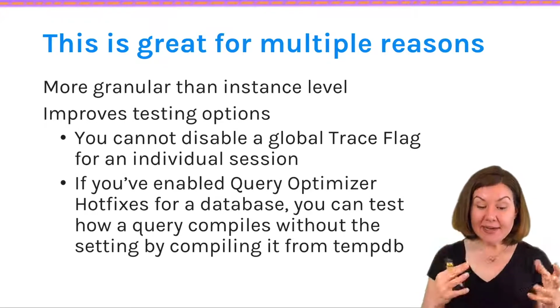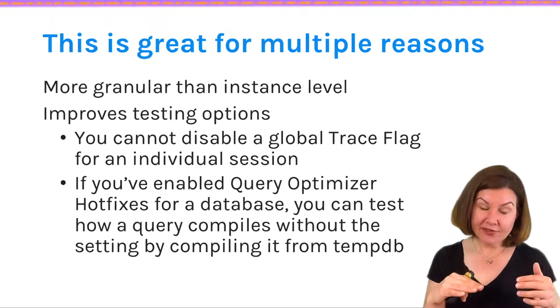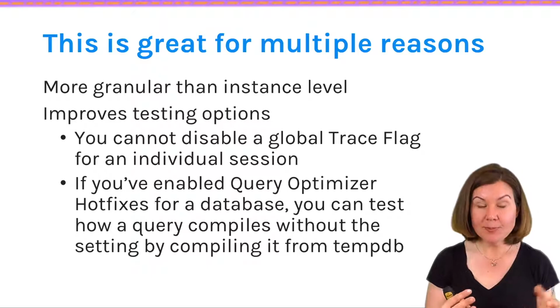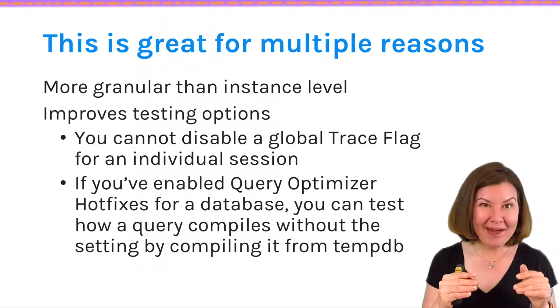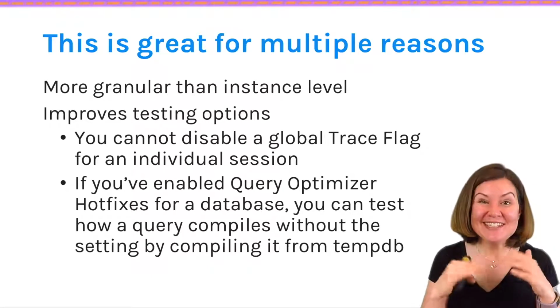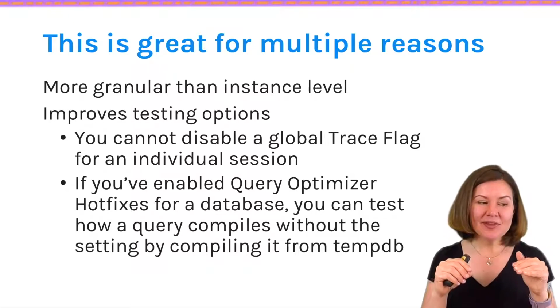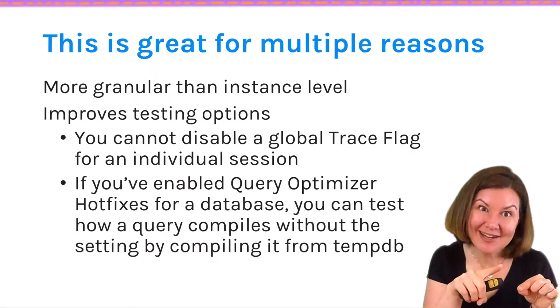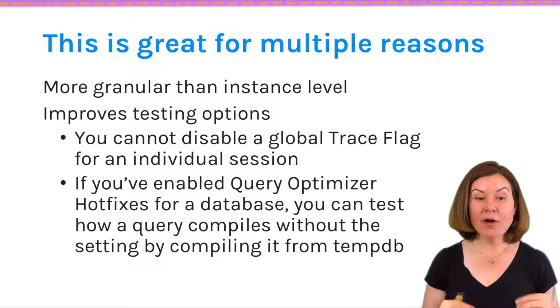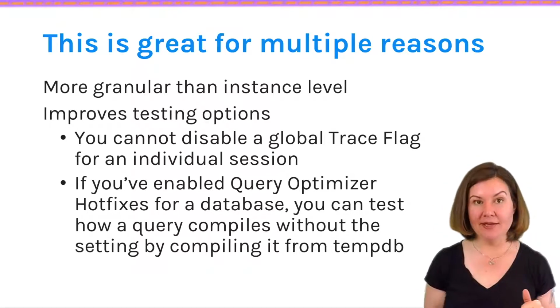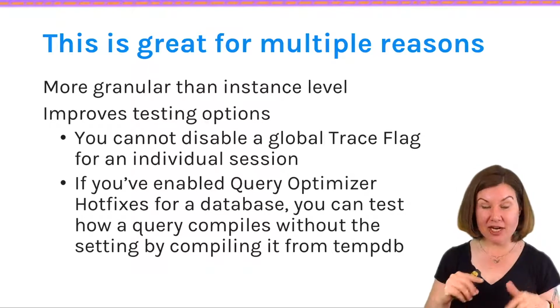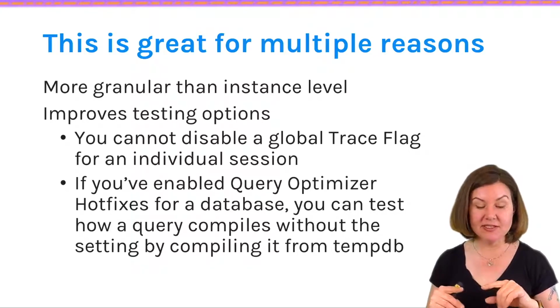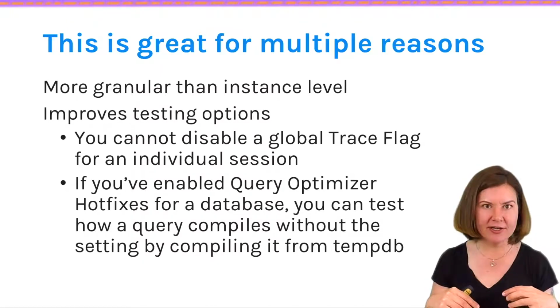With the database level query optimizer hotfixes, I have more options. Because having this at the database scope means it applies when compiling the query in the context of that database. So I could say, okay, I'm going to use tempdb, and I'm going to change my query for testing purposes to reference those tables using three-part naming.